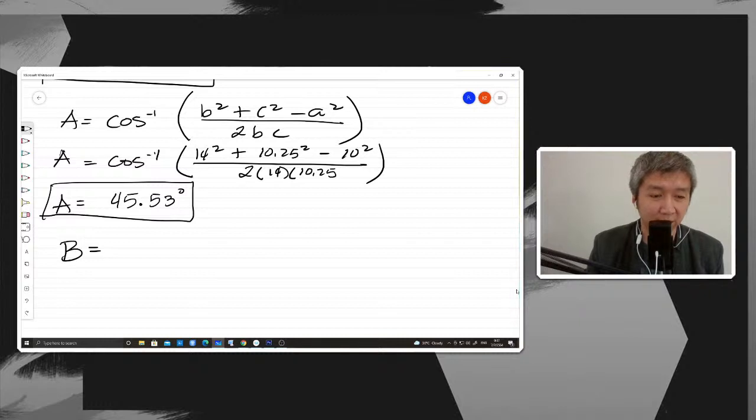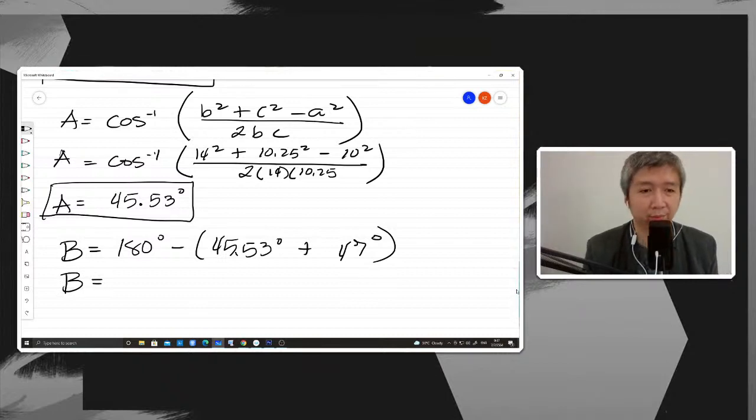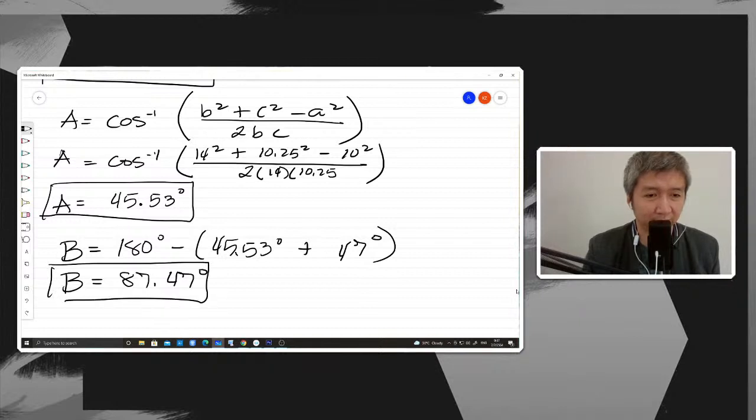It's easy. Just subtract from 180 degrees. Okay, 87.47 degrees. Very good.